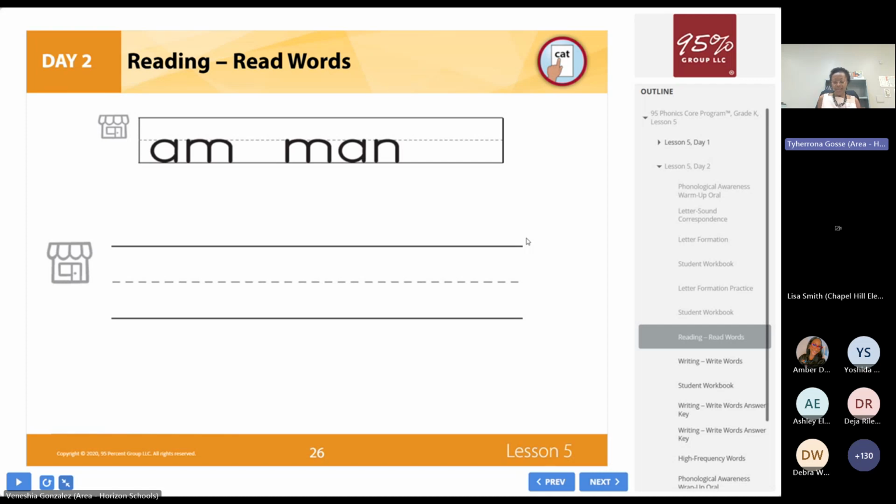I want us to read the next word together. Let's find the word next to am that has the letters M-A-N. M-A-N. Did you find the word? Touch that word. Excellent. Put your finger on the first letter. Okay, I see that. Awesome.